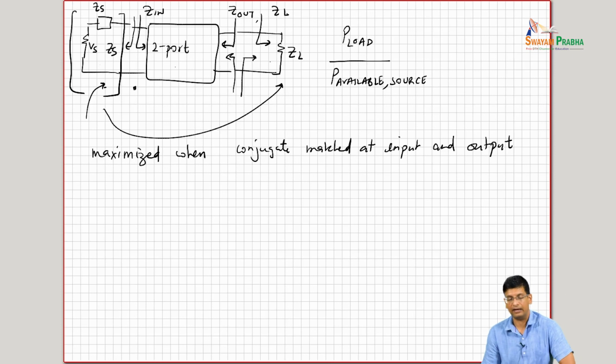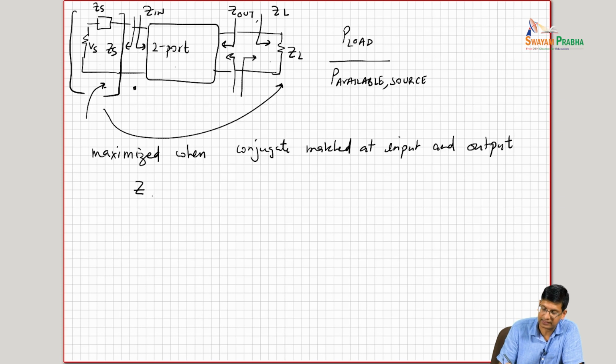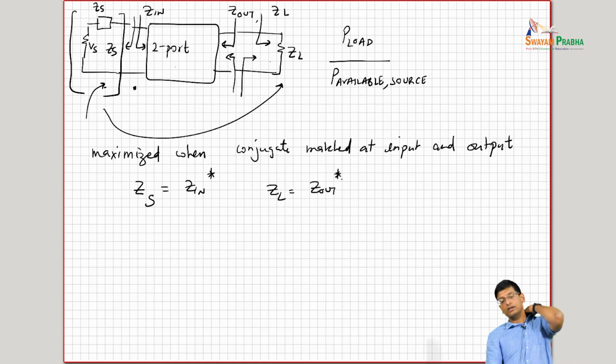What we can basically do is represent all of these impedances in terms of the reflection coefficient that they have with respect to a characteristic impedance Z naught. But just to explicitly write it out right now, we can say that ZL must be Zout star.